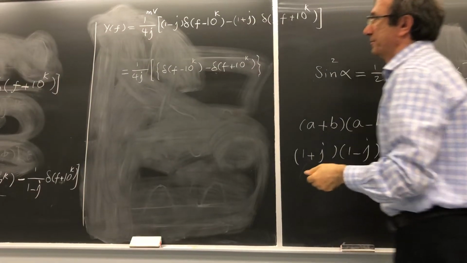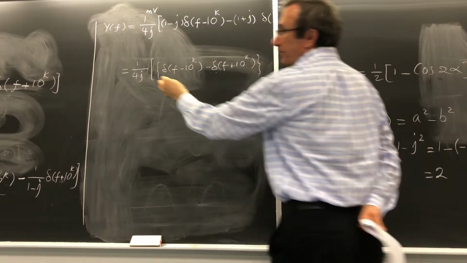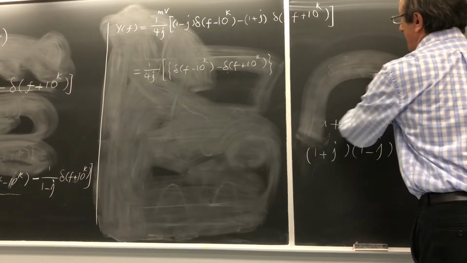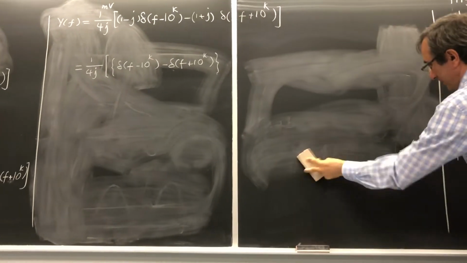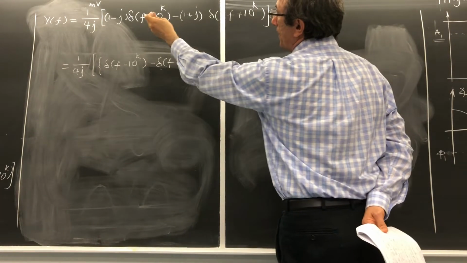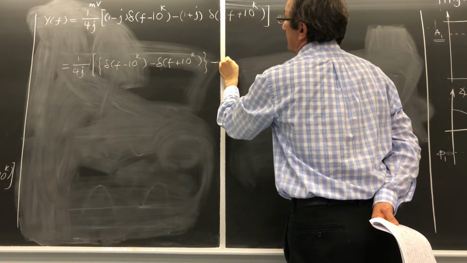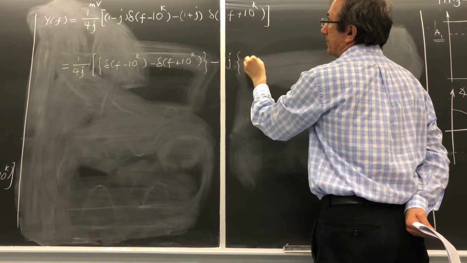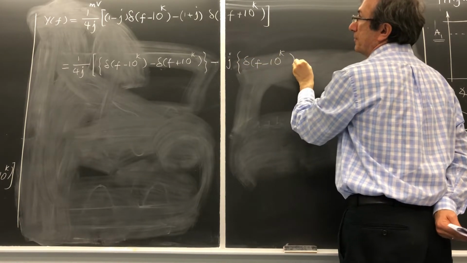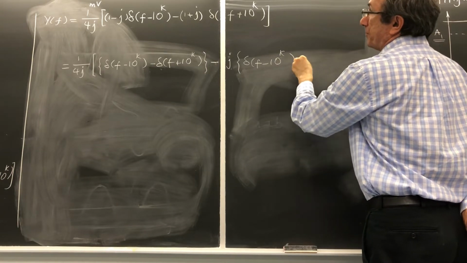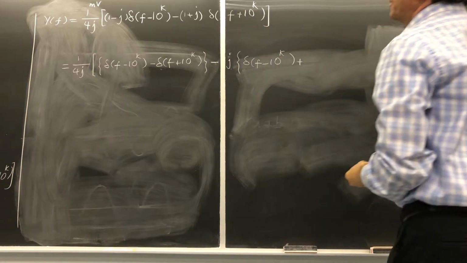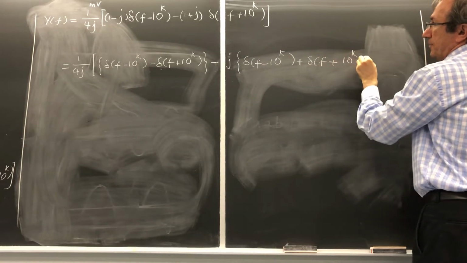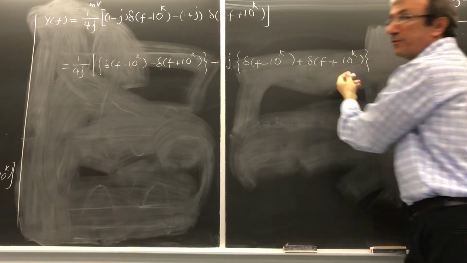Does it resemble anything to you? Sine? Yes. Taking into account 1 over j, what remains is minus j times delta of f minus 10k plus delta of f plus 10k. This is the essential term for a cosine.